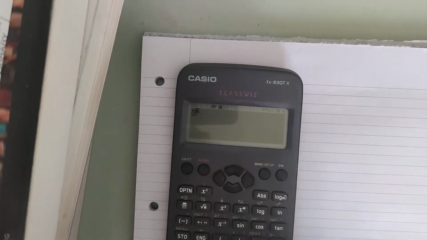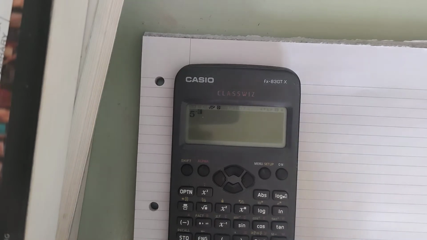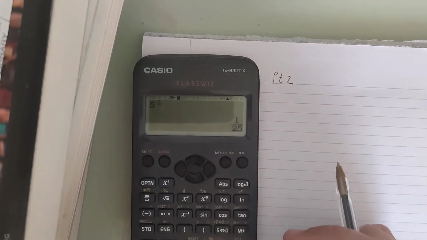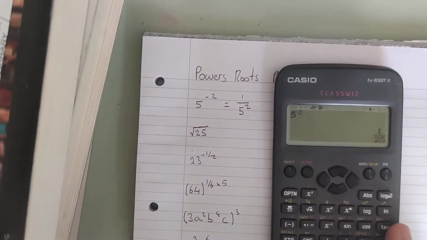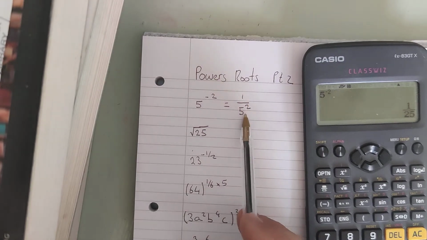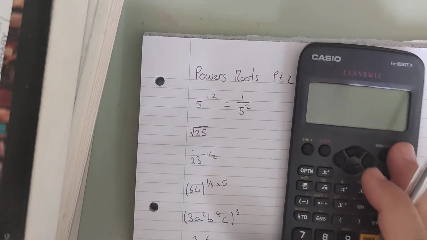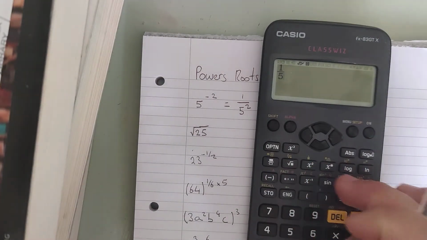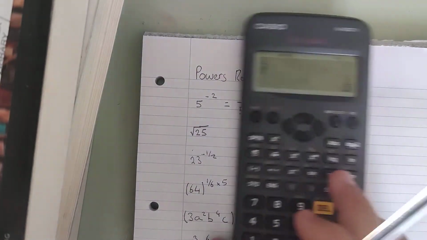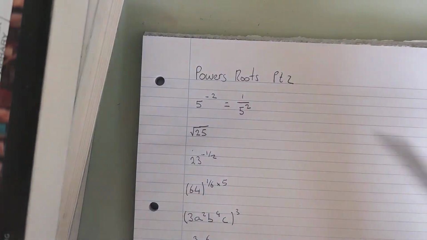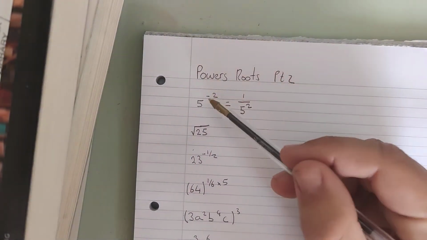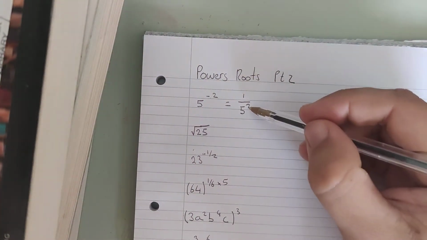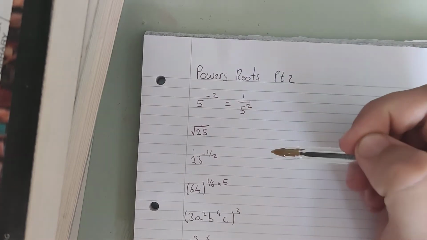So 5 to the power of minus 2 equals 1 over 25. And you already know that 1 over 5 squared is exactly the same, but I can double check. 1 over 25. So you just got to remember that negative sign, just bring it under, and it turns positive.